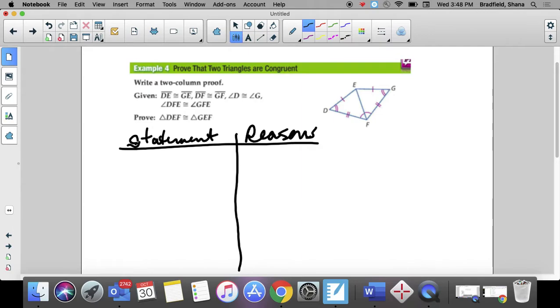And I'm pretty sure it's marked correctly, but we have that segment DE is congruent to GE, segment DF is congruent to GF, angle D is congruent to G, and angle DFE is congruent to GFE. So those are all my givens. I'm going to write them all down.